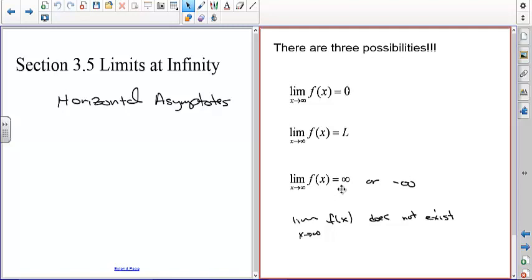So we say equals plus or minus infinity. It doesn't really equal infinity. Officially, it does not exist, but by putting this equal sign, we know whether it goes this way or that way. That's what the equality is trying to tell us in this case.